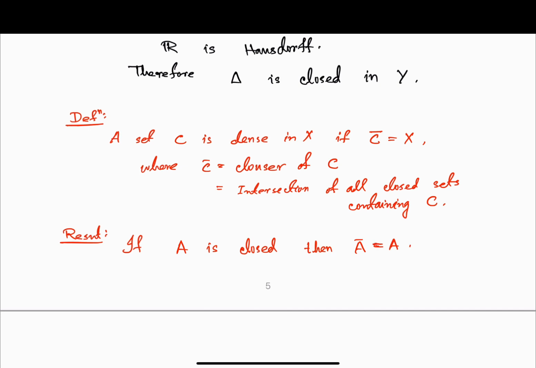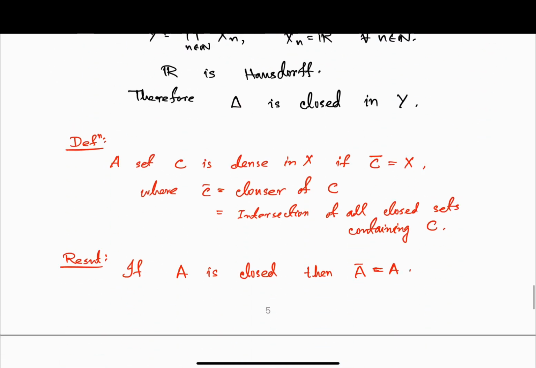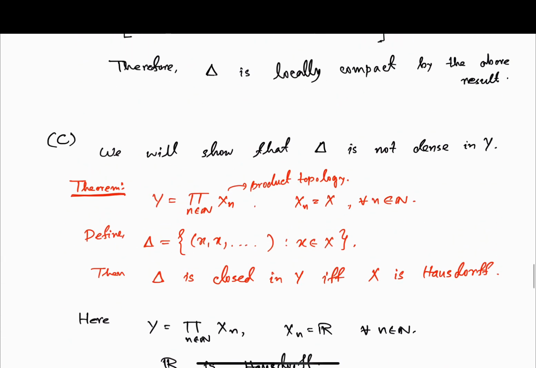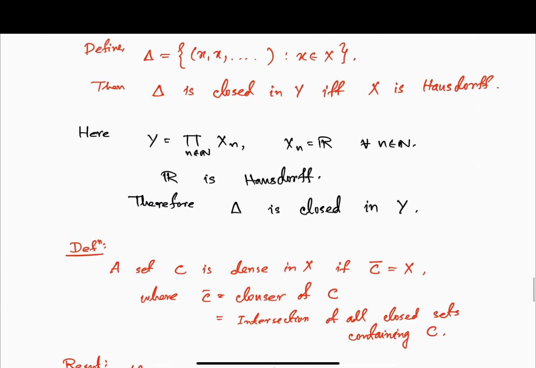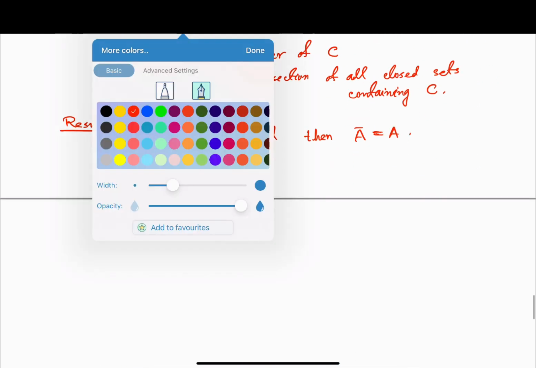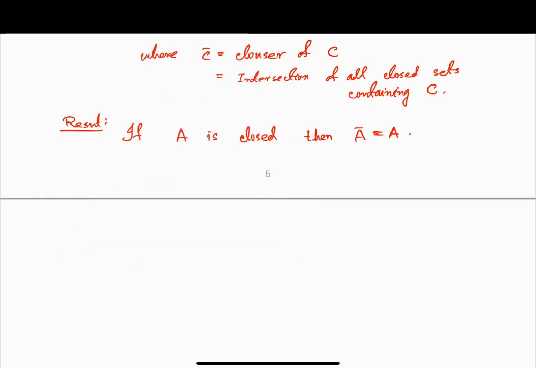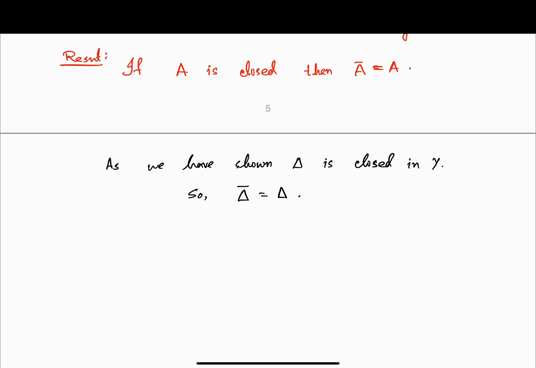So we will show that delta is not dense, meaning we will show that delta bar is not the whole Y. Now we have proved that delta is closed in Y, so delta bar is the same as delta, and we'll show that this is not equal to Y.